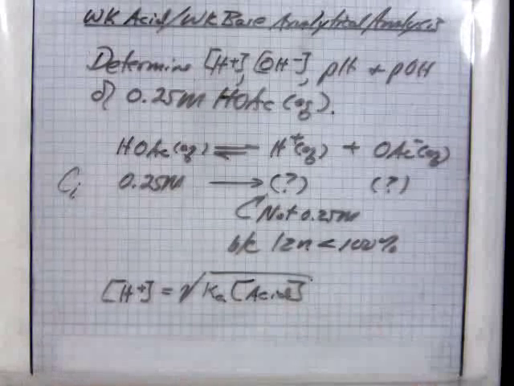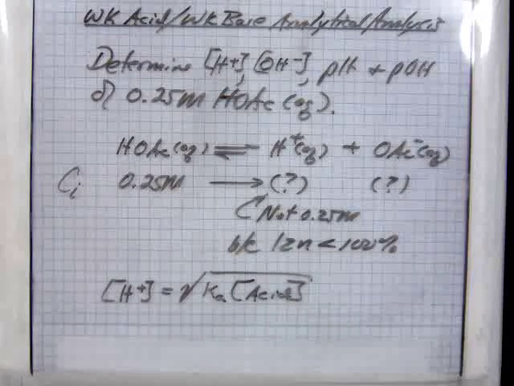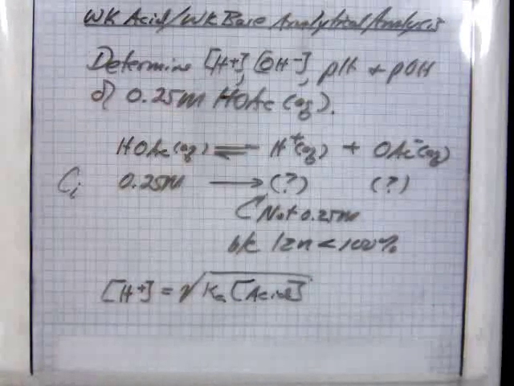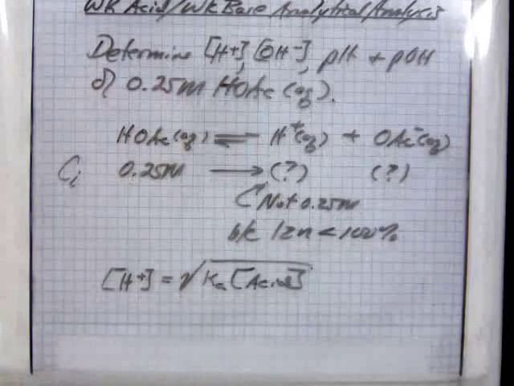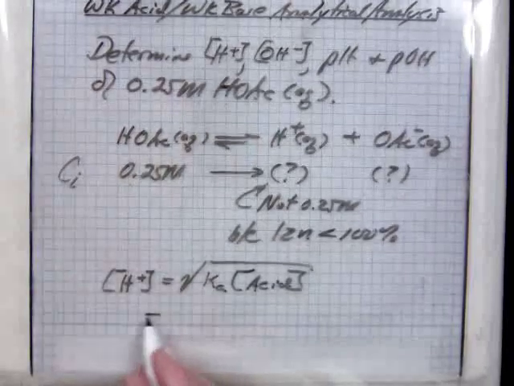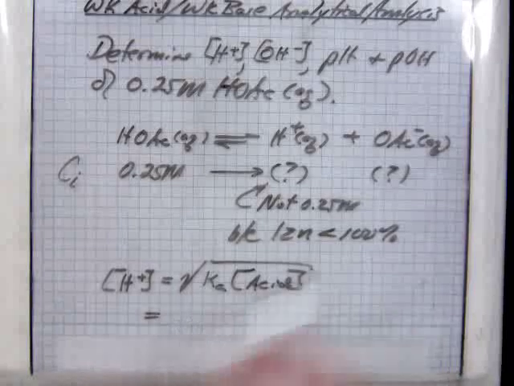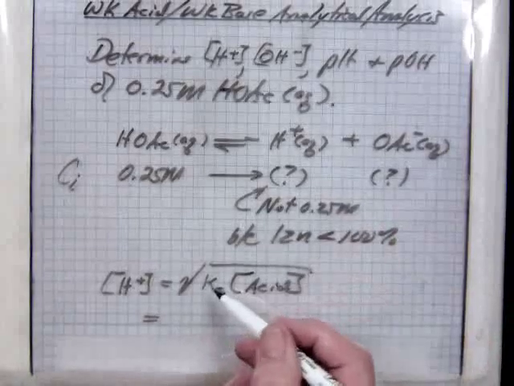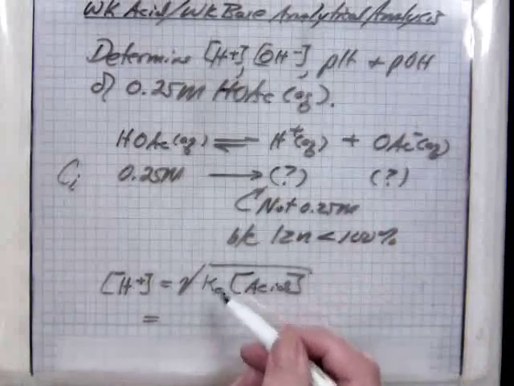We'll show you how this evolves out of the ICE table when we get to the formal presentation of weak electrolytes. The Ka value is the acid ionization constant, and it'll be given to you.